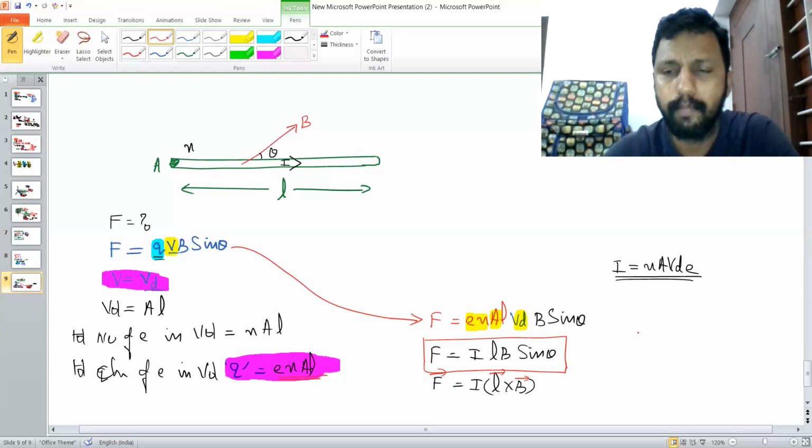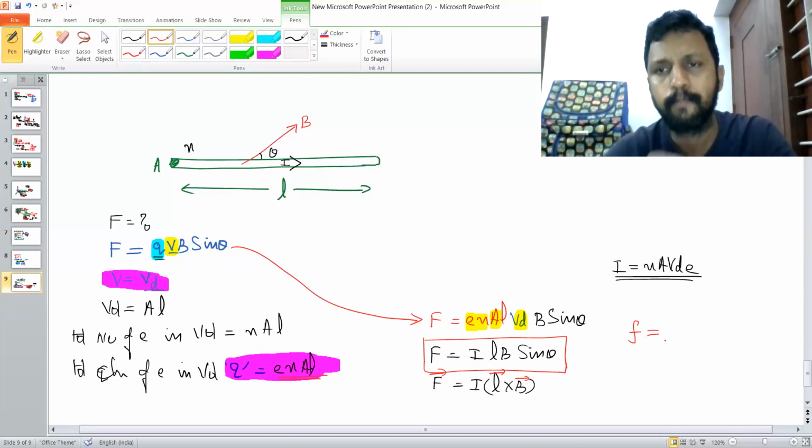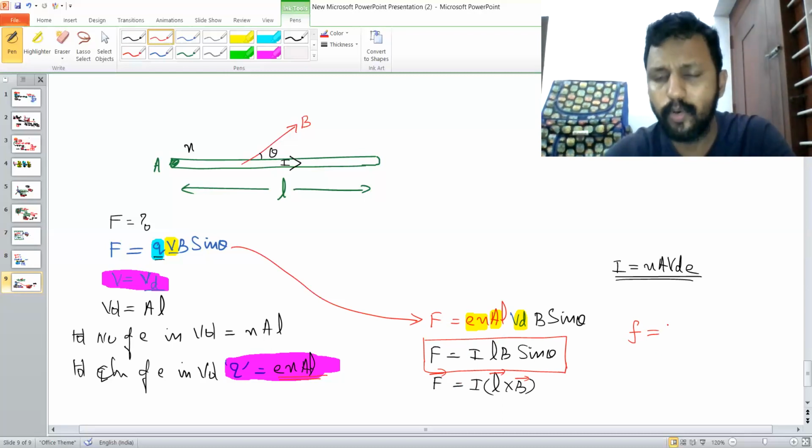Then you should remember one more expression, that is the expression for force per unit length. What is force per unit length? It is the force acting over a unit length of conductor. We could obtain the expression for force per unit length by dividing the total force with the total length.